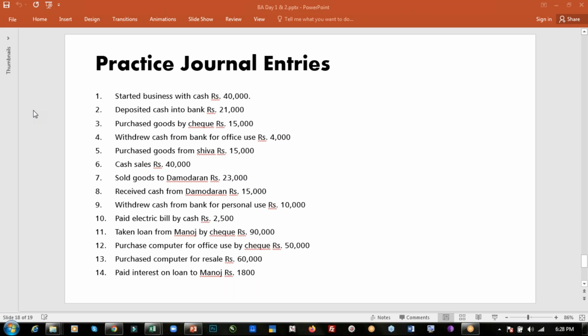If we are withdrawing anything from the business, that goes for the drawing. So drawing we have to debit. We are withdrawing from the bank, so bank goes for the credit. Drawing account debit to bank account will be the entry. If you guys have any confusion, please ask. Drawing we have to debit, and bank we have to credit.